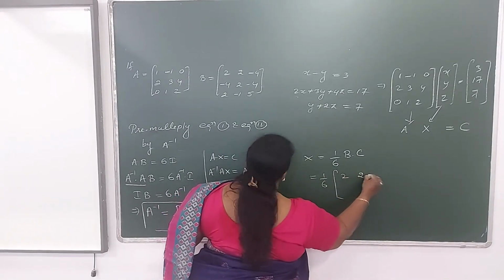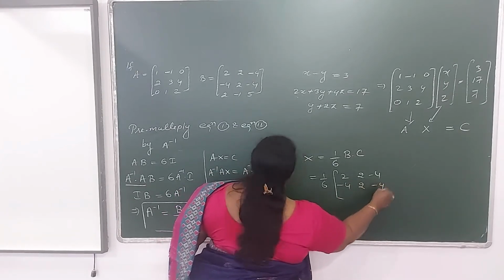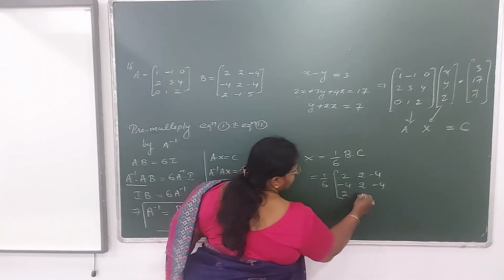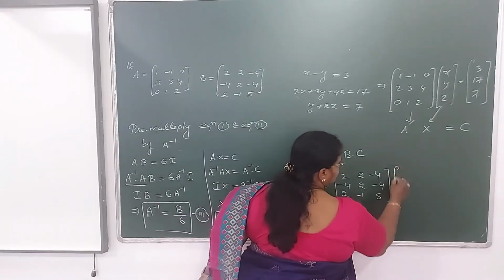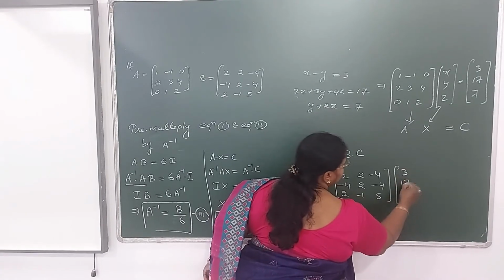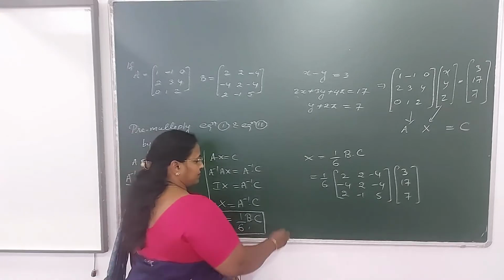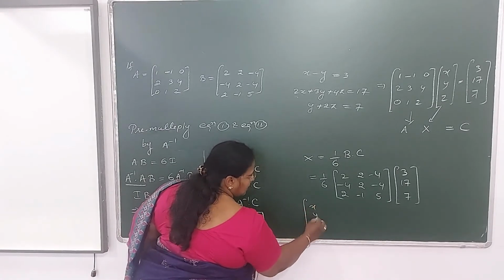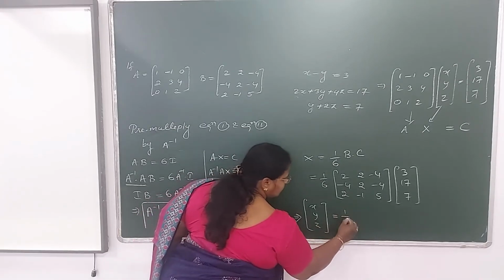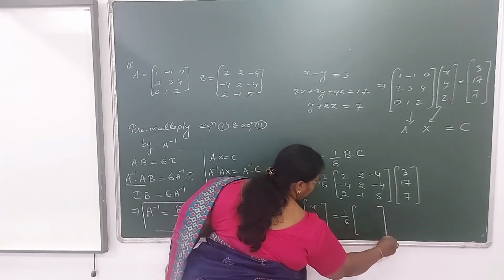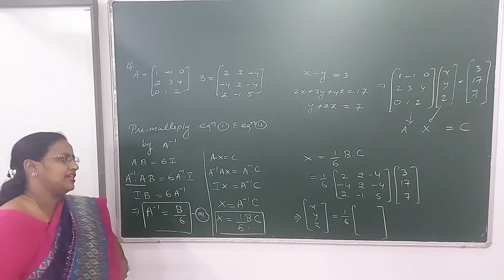It's 2 2 minus 4, minus 4 2 minus 4, 2 minus 1 5, into the C matrix, the column matrix of the constants, it is 3 17 7. Now the X matrix means the column matrix of the unknowns, this is 1 by 6 times. Now multiply and then compare and get the values of x, y, z.